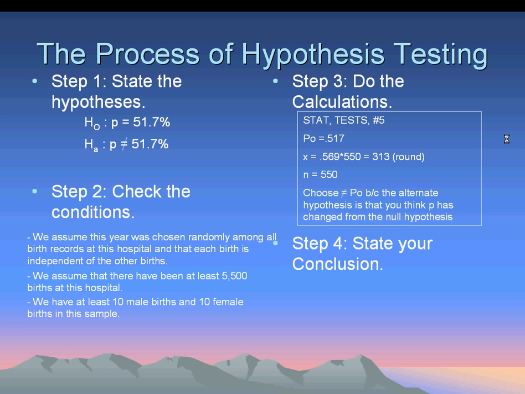Go to stat test number 5. p0 is your null hypothesis, that's 51.7%. Put it in as decimal form though, 0.517. x is the number of successes we had. They didn't tell us how many successes we had in this problem, but they told us we had 56.9% times 550 births. So if you do 0.569 times 550, you get like 312.95, but you have to round that to a whole person.